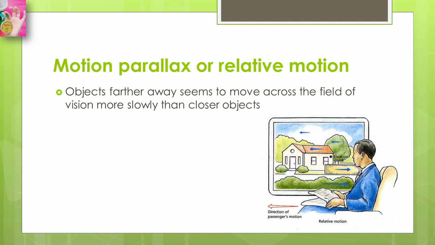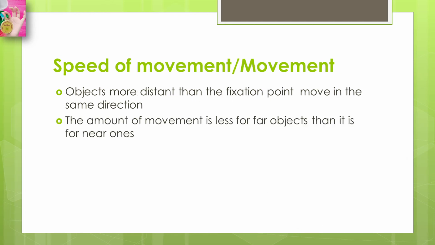Also, objects at different distances appear to move at different velocities. Now, this was all about relative motion, and sometimes you will see it discussed as only motion parallax, and in some books as relative motion.